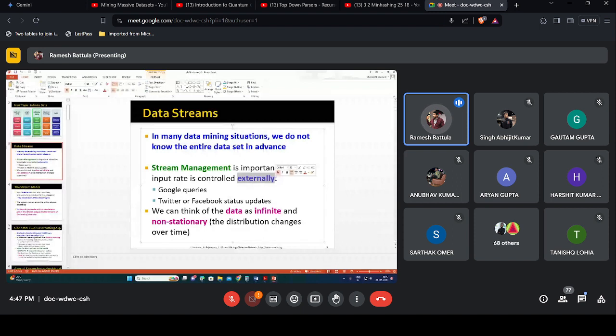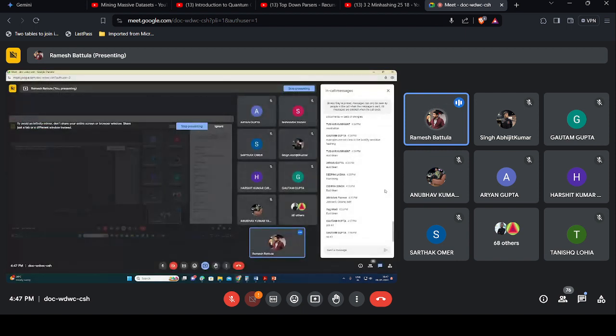Who will control this input rate? The input rate is controlled by external members only. The Google queries or Twitter, Facebook status. Suppose you have a Twitter account or a Facebook account, your updates. Update in the sense that whatever posts are coming to you, is that in your control or in somebody's control? All of you, if you have a Facebook, you are receiving some information from your friends or some other people.